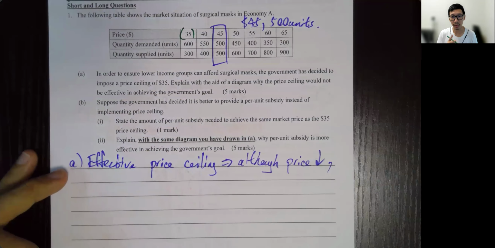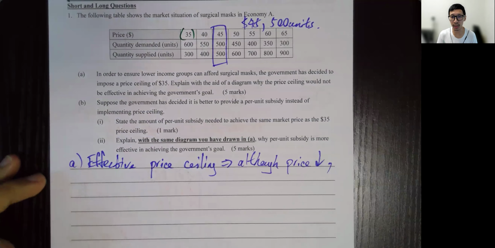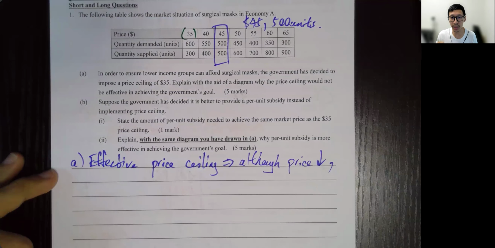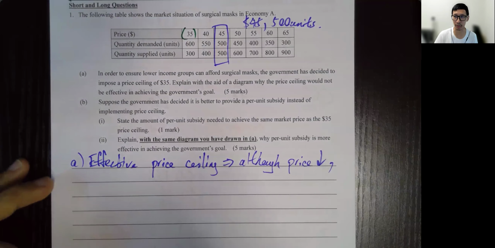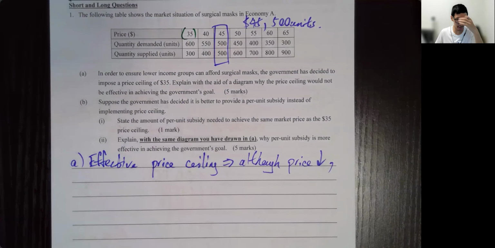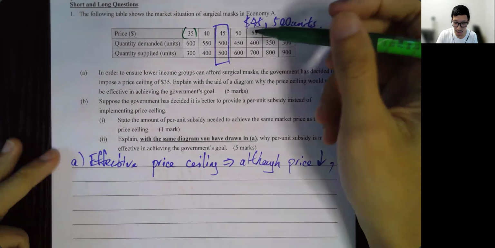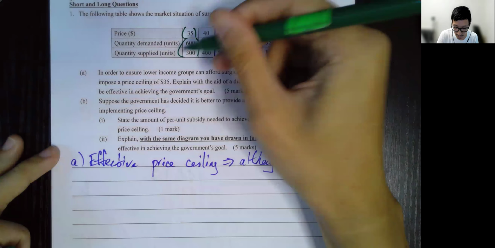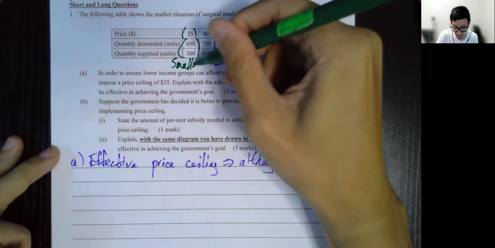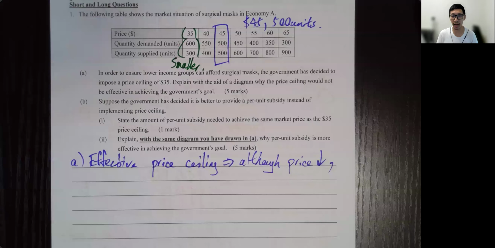Now, boys, do you remember which quantity do we take? QD or QS? Now, if you answer QD or QS, you must suck a lot. Why do I say so? Remember, we have mentioned a lot of times, right? We look at the smaller of QD and QS. We don't just look at QD nor QS.